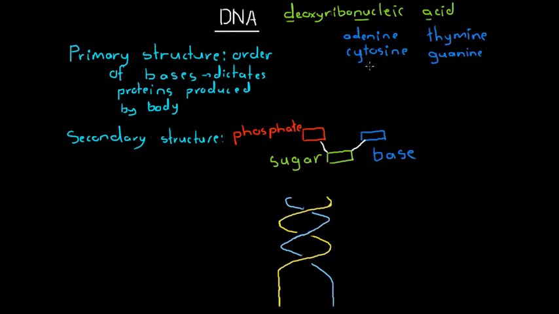So we can call this column on the left, we can call these types of bases pyrimidines, and we can call thymine and guanine. Sorry, we can call the thymine and guanine pyrimidines, while we refer to adenine and cytosine as purines.